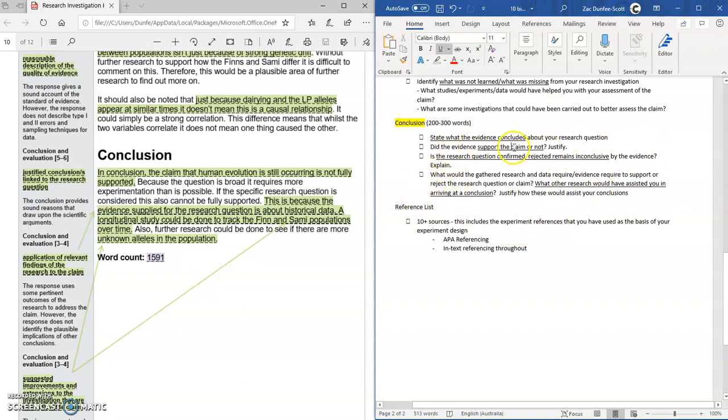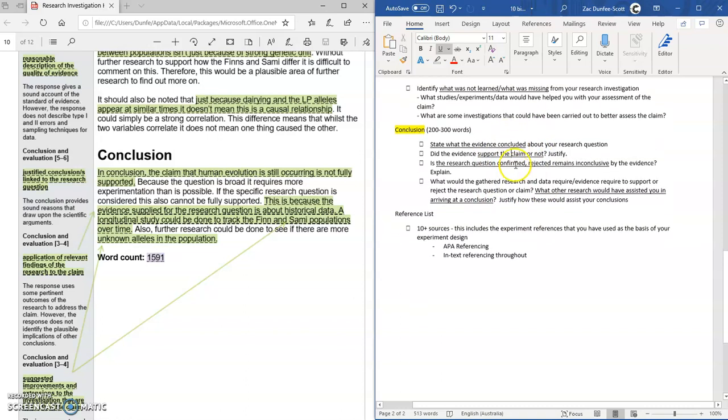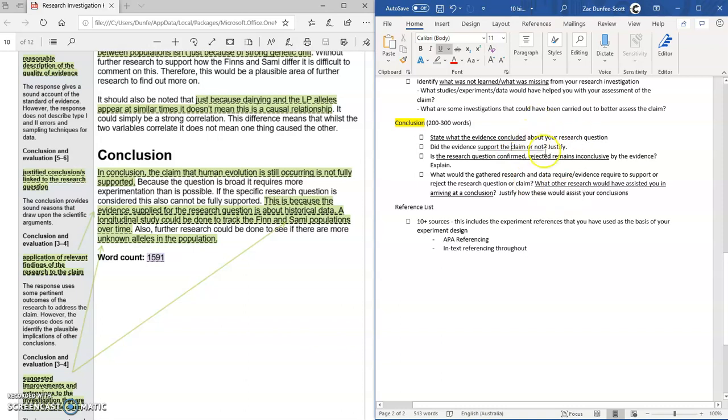Or based off the evidence, we can say it's inconclusive. We don't know because of these reasons. We weren't able to find the right stuff in this research investigation. Same thing with your refined research question, you can then say, was it confirmed, was it rejected, or was it inconclusive? You're providing answers to both of these.